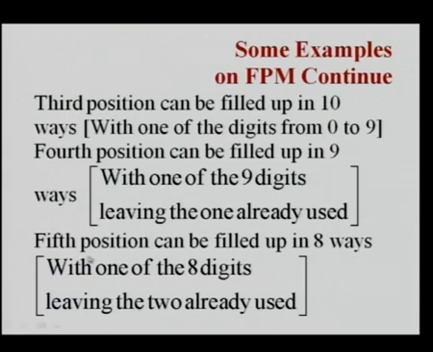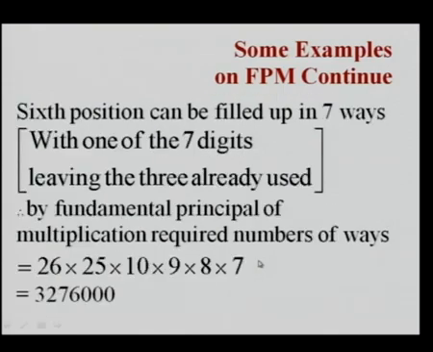And the fifth position can be filled in 8 ways, because we have already used 2 digits, one at the third place and one at the fourth place. And the sixth position can be filled in 7 ways, because we are left with only 7 digits. 3 digits we have already used among the digits 0, 1, 2 and so on up to 9.